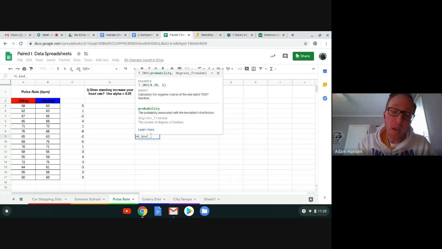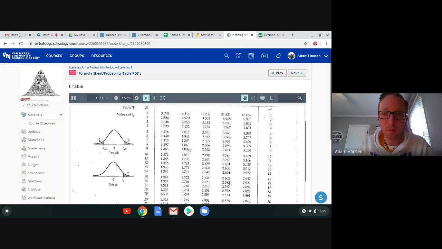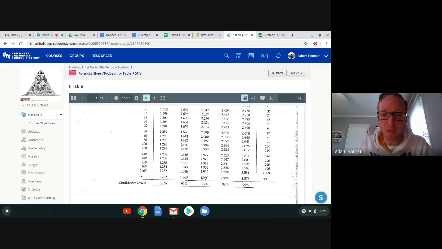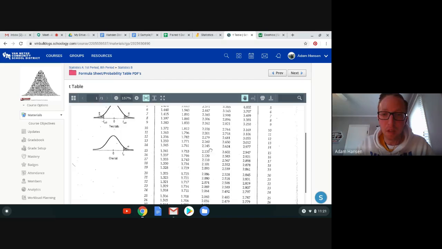So we had, for the top one, 0.975 to the left of that top t-score, 95 in the middle, 2.5 in the tail, with 14 degrees of freedom. Gives me a t-score of 2.1447. Or on your t-table, 95% confidence level is the middle column. 14 degrees of freedom is about 2.145.